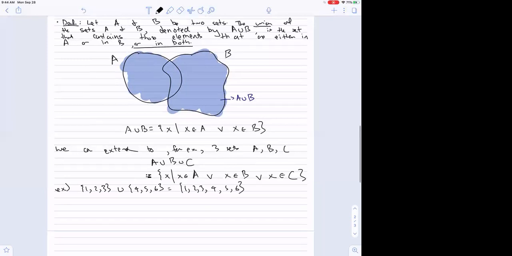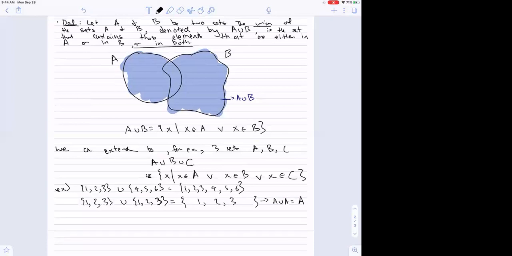And what if I did {1, 2, 3} union {1, 2, 3}? Then what would it be? {1, 2, 3}. Yeah, exactly. You have to do an actual proof, since an example is not sufficient.